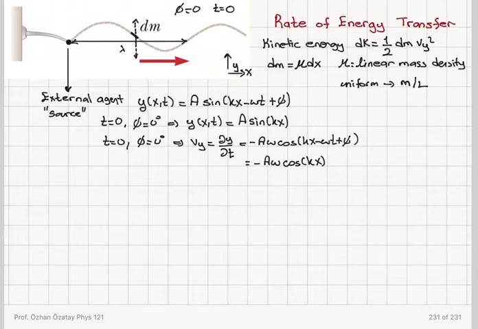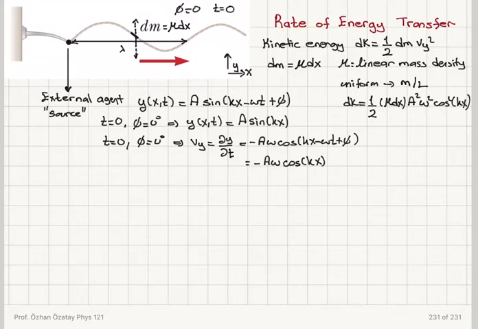Alright, so I can write the kinetic energy of this element, dK, is equal to 1 over 2 mu dx, which is its mass dm. So dm is equal to mu dx. And then I have v_y squared, A squared omega squared cosine squared kx.